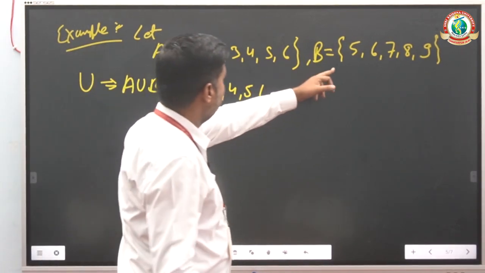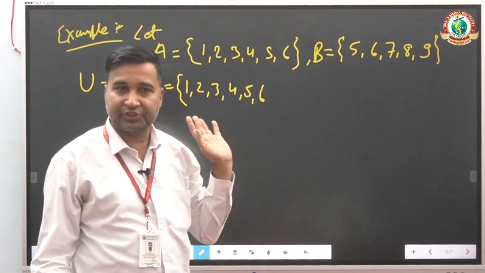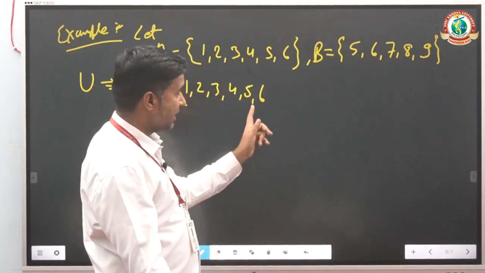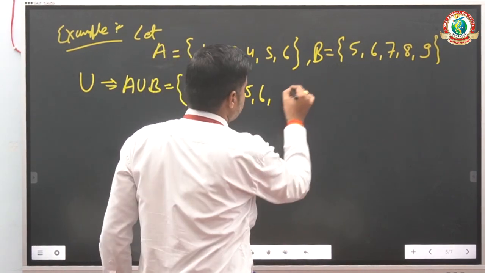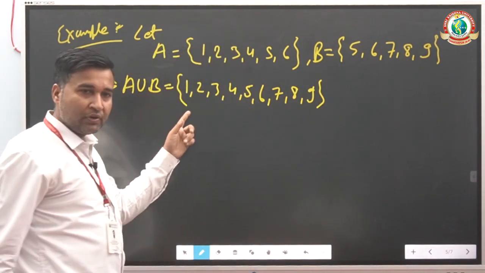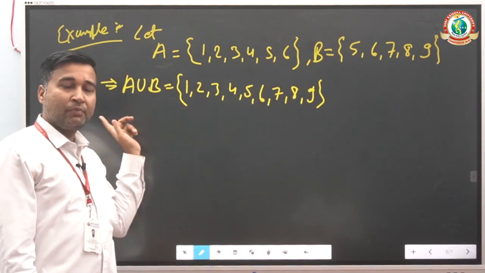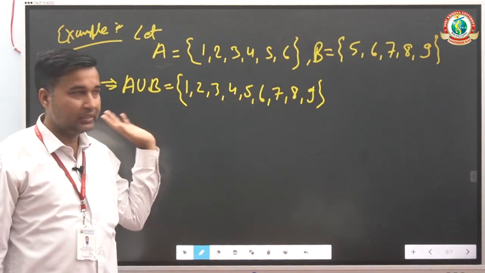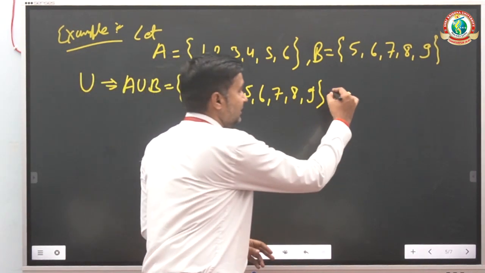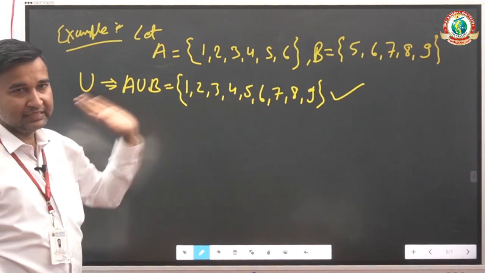Now 5, 6, these two elements are common in both sets, so we will write them only once. Now 7, 8, 9. This is our solution for the A and B sets after performing the union operation, which is shown in this diagram. The union of sets we have clearly seen here.